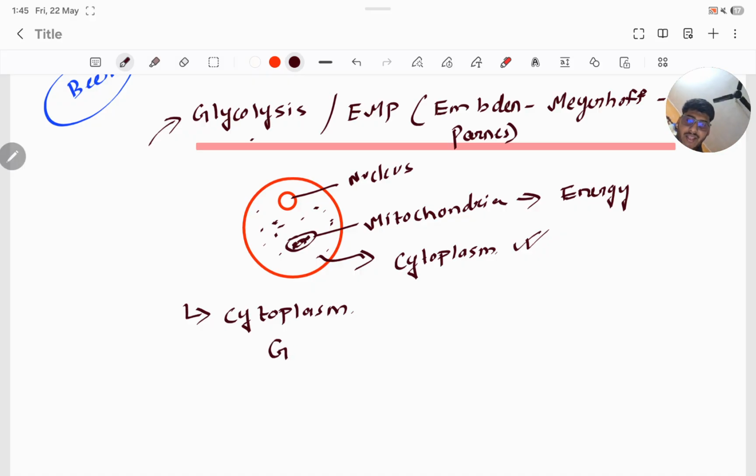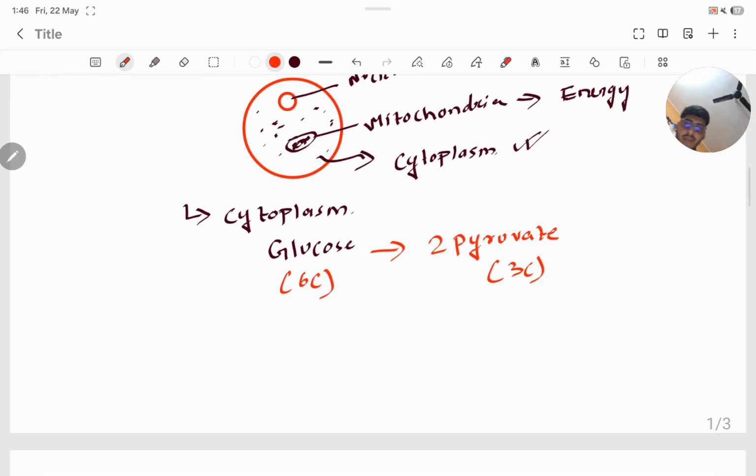So when we break the glucose, a 6 carbon compound, to pyruvate, 2 molecules of pyruvate, that are 3 carbon compounds, we get 2 ATP molecules and 2 NADH molecules. So when we are breaking down glucose, we are getting 2 ATP and 2 NADH.